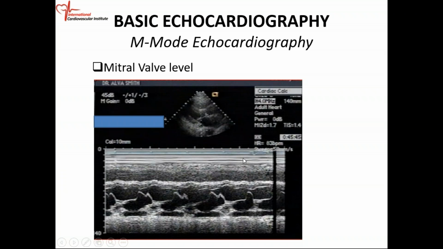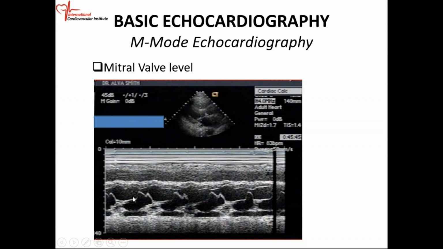So if you look at your ECG on top, the mitral valve opens in diastole, closes in systole, opens in diastole, closes in systole, opens in diastole. And this is what you know. It's going to correspond to the ECG on top.